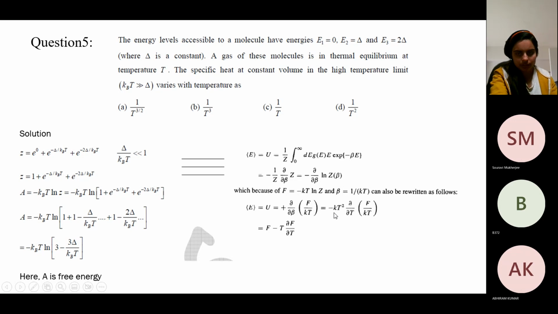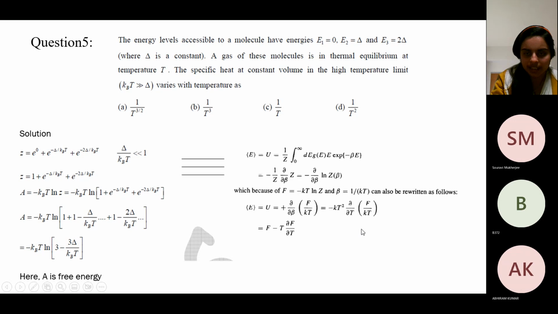There are two terms dependent on temperature. One can be like minus kT square, and this has 1 by T. So it should be minus 1 by T square del F, and then the T square gets cancelled, correct?